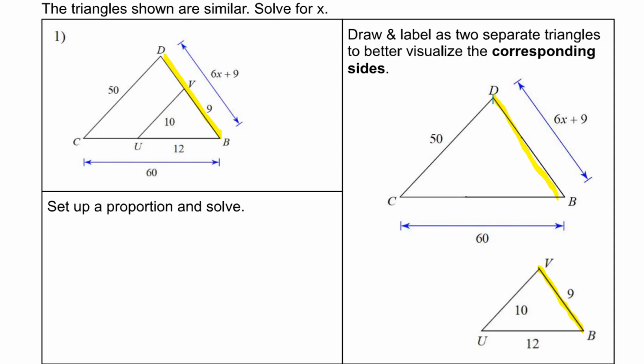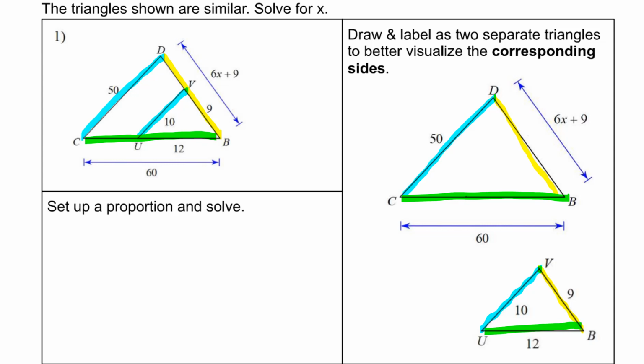We have the side CD that corresponds to side UV because they appear to be parallel. And we have the side CB that corresponds with UB because they share this side.